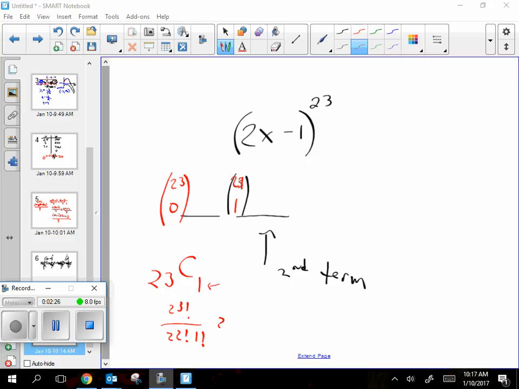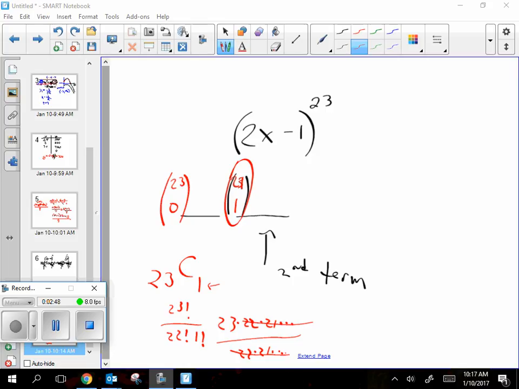That really means 23 times 22 times 21 dot dot dot over 22 times 21 times dot dot dot with an extra 1 factorial, which is just 1. So that all cancels, and that turns out to 23. This part right here is a 23. Raise your hand if you had that right.